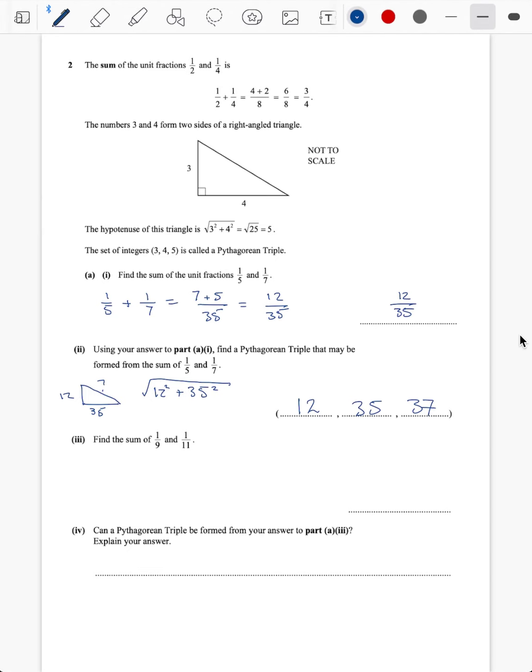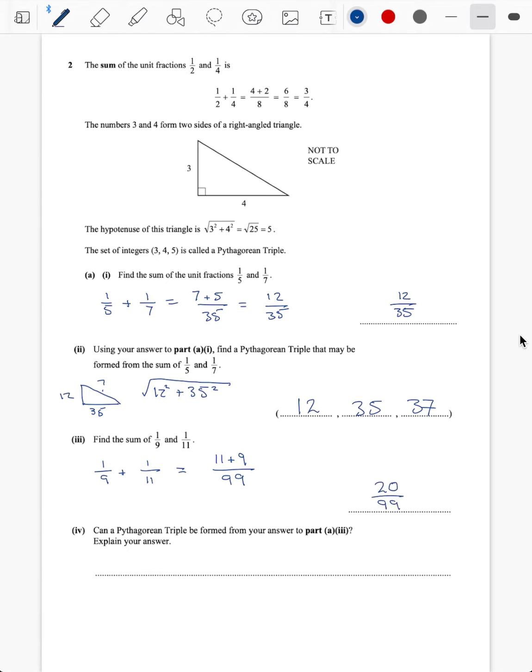Find the sum of 1 over 9 and 1 over 11. 1 over 9 plus 1 over 11 is equal to, it's going to be over 99, isn't it? And so we're looking for, I think, an 11 plus a 9, which is going to be 20 over 99.